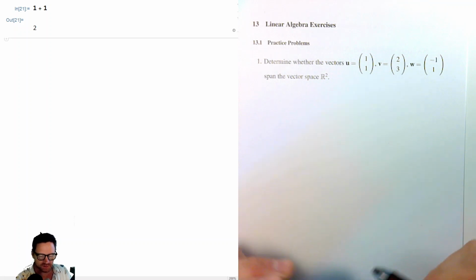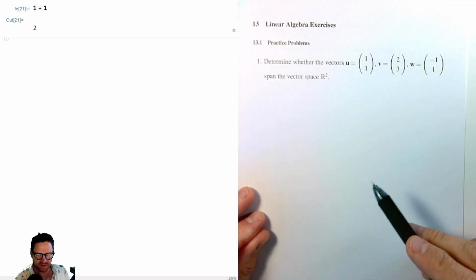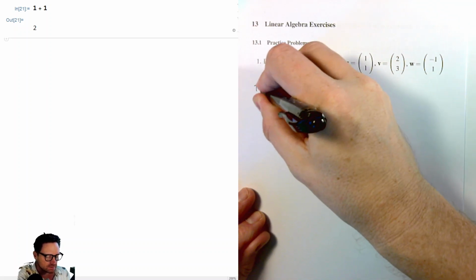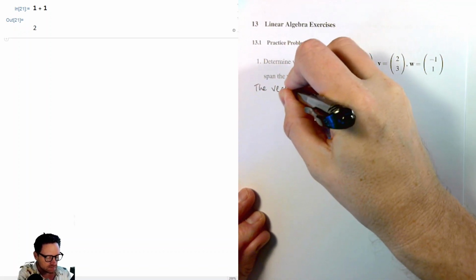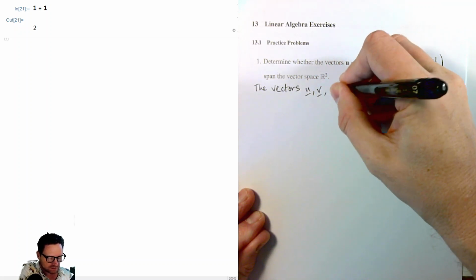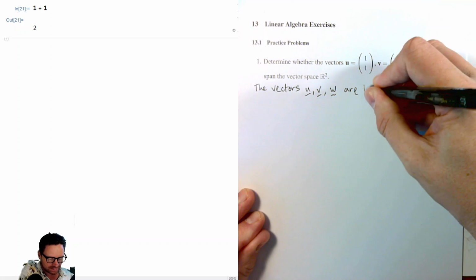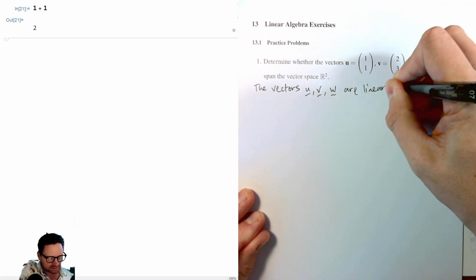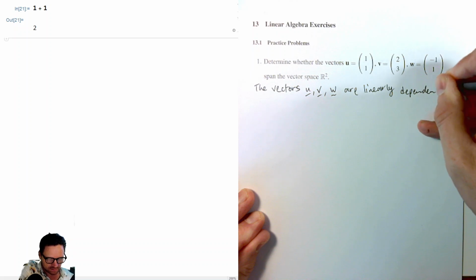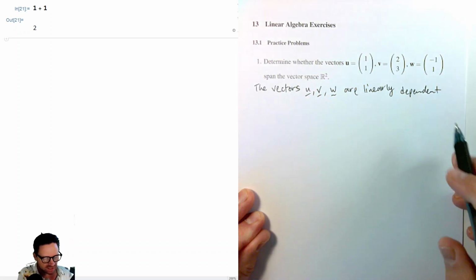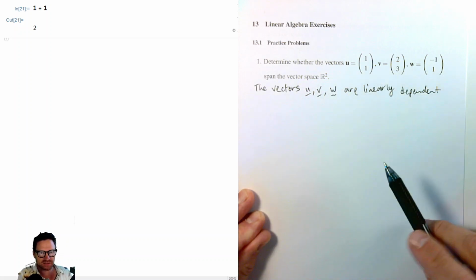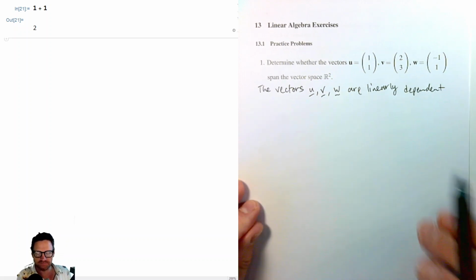So we want to start by showing that these vectors are linearly dependent. So let's say that the vectors u, v, and w are linearly dependent. And we know that just by looking at them because we've got 3 of them in a 2-dimensional space, so they must be dependent.